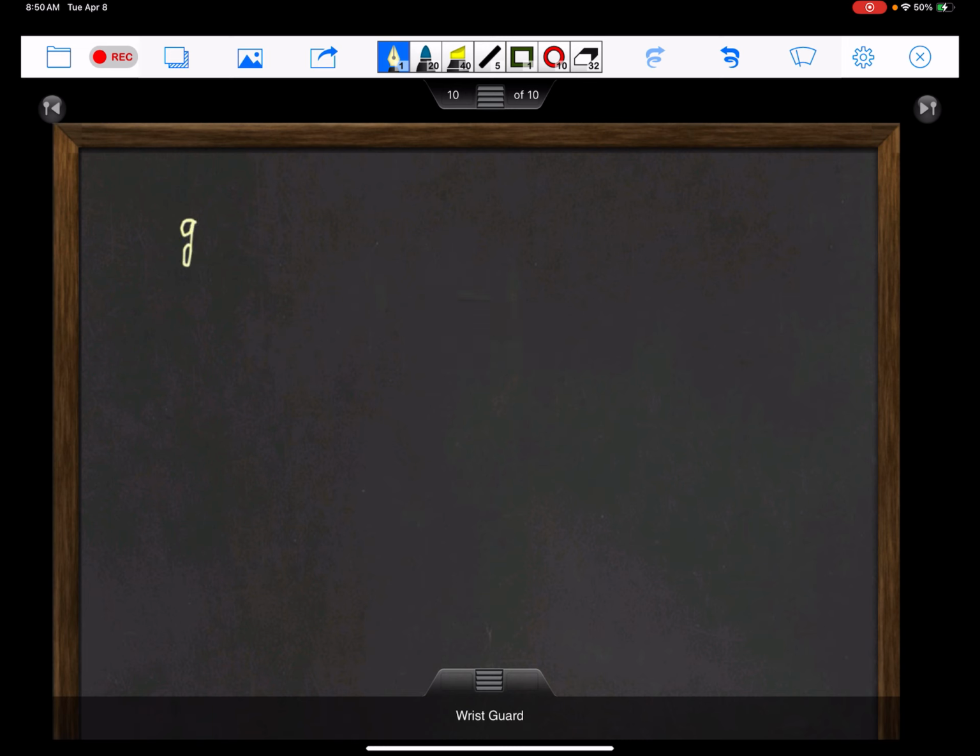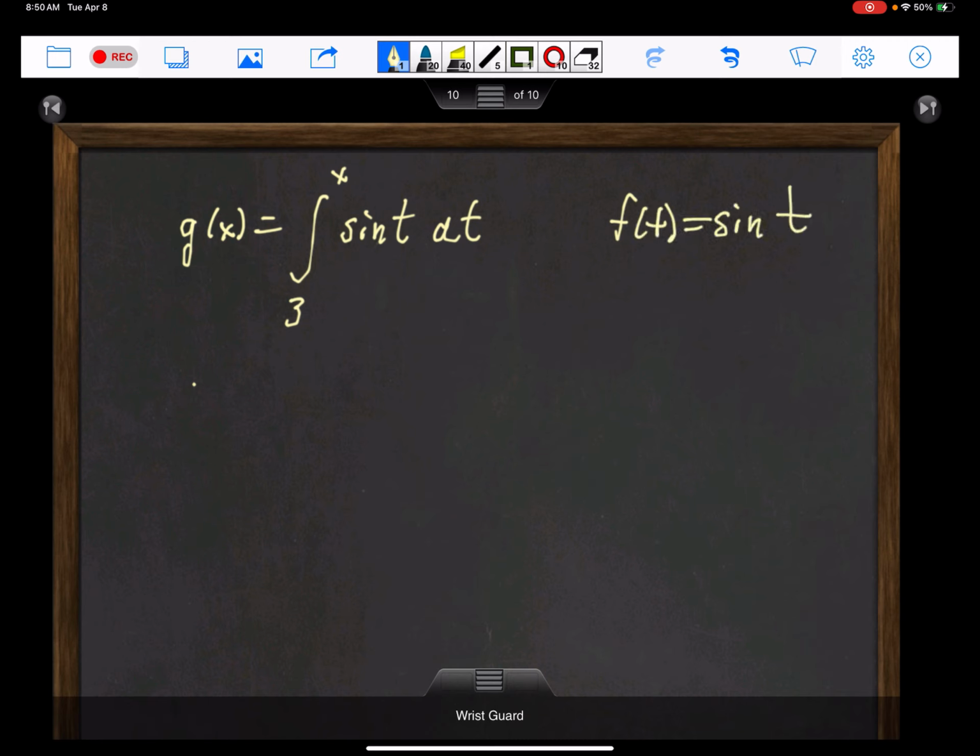So if I had g of x is equal to, let's say, 3 up to x of sine of t dt, so notice here, f of t is equal to sine of t, and g is the actual integral, then the derivative of g evaluated at x is sine evaluated at x.